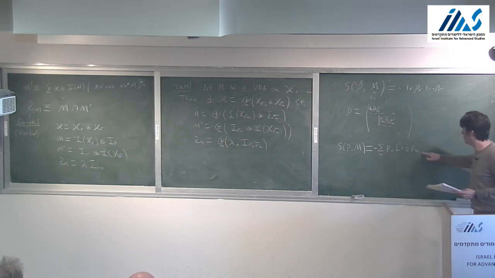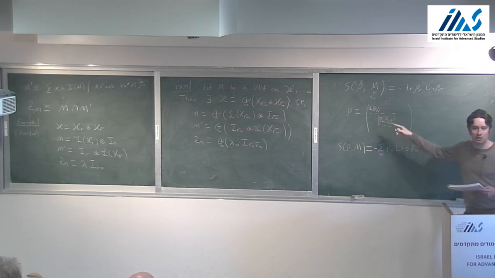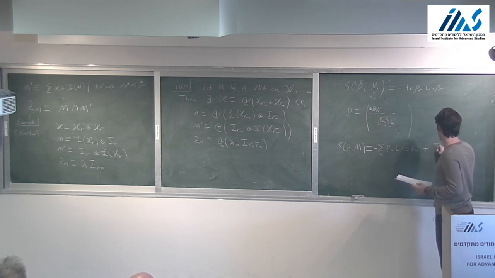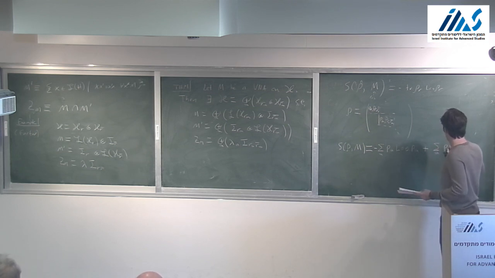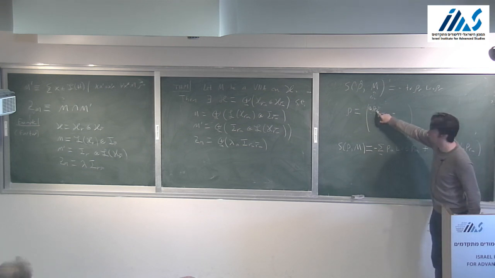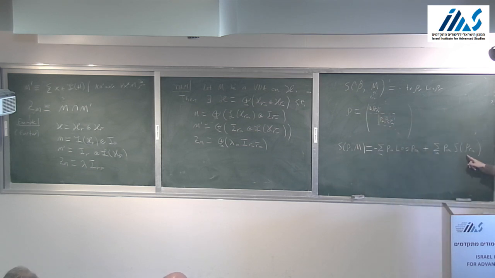So there is some entropy that comes just from knowing which block you're in, not being sure which block you're in. Then there is an additional contribution where I average over the blocks with P alpha, and within each block I compute the usual von Neumann entropy, S of rho R alpha. I can take the partial trace over the factor within this block and get a von Neumann entropy, which I put here.